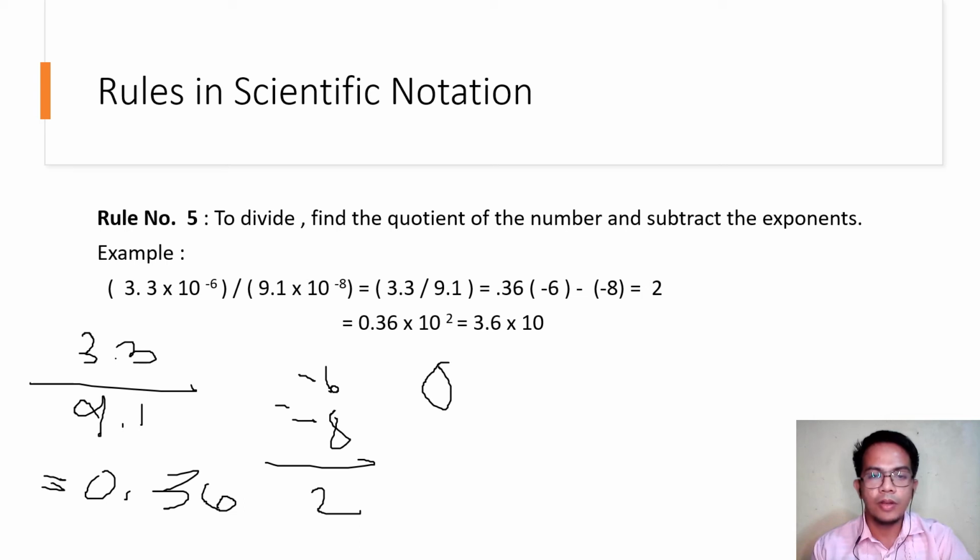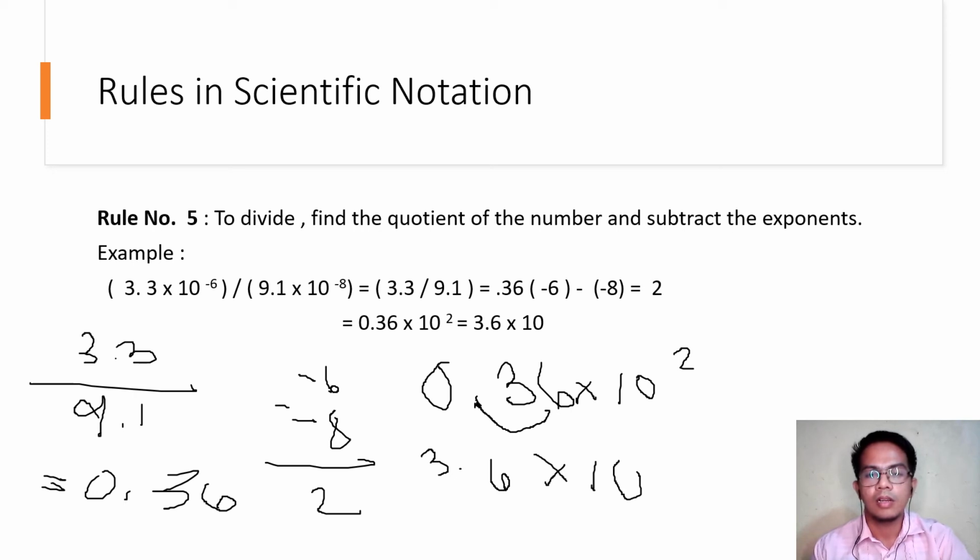So 0.36, we move the decimal place to the right, so 3.6. Then 2 minus 1. So this is the answer.